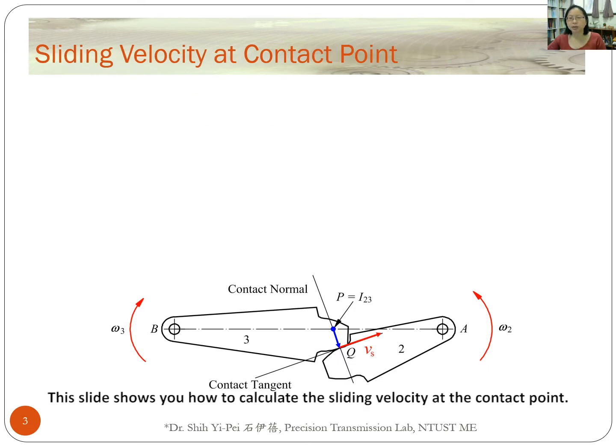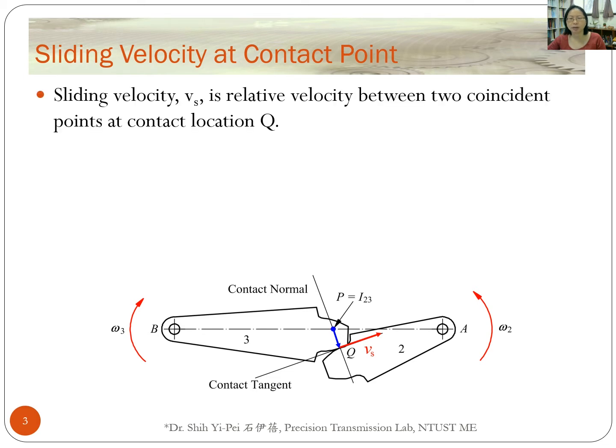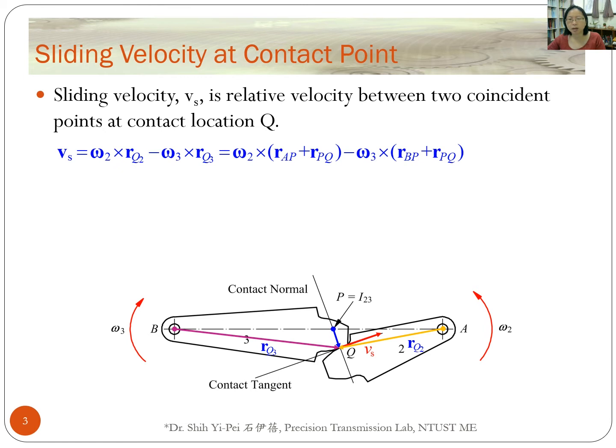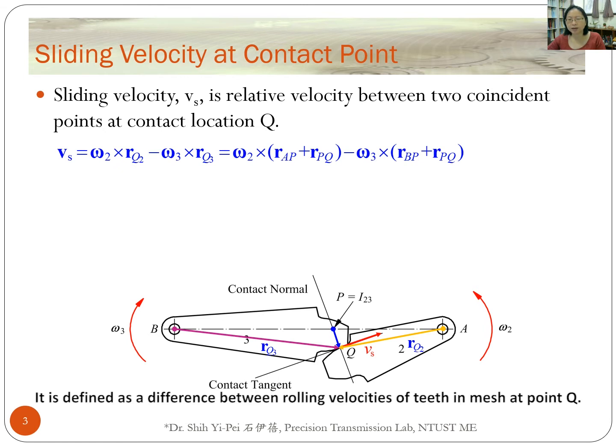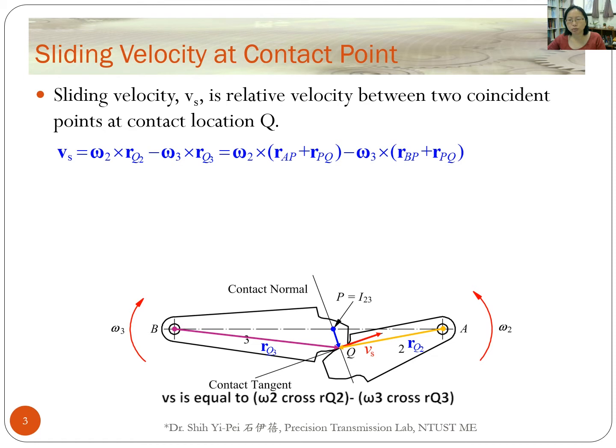This slide shows you how to calculate the sliding velocity at the contact point. Sliding velocity Vs is the relative velocity between two coincident points at the contact location Q. It is defined as the difference between rolling velocities of teeth in mesh at point Q. So Vs is equal to omega 2 cross RQ2 minus omega 3 cross RQ3.